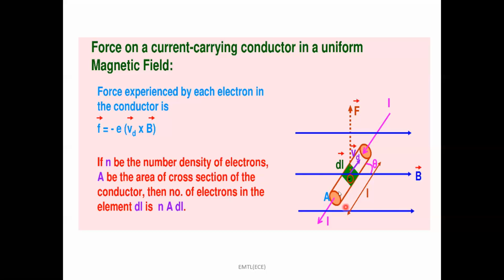The area of cross section of this cylinder is taken as capital A, and let us assume a smallest length. You observe the green colored dl, this is the smallest length. Now the number of electrons present in this smallest length, that means the current element, is n A dl. So this is a very important point.